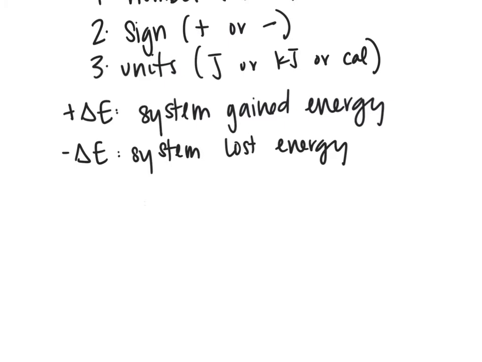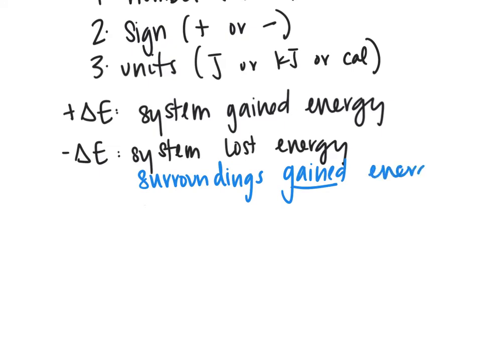And so that means that the surroundings gained energy. So in all of these cases, the energy goes from the system to the surroundings or the surroundings to the system. It isn't necessarily ending up nowhere, but just moving around.